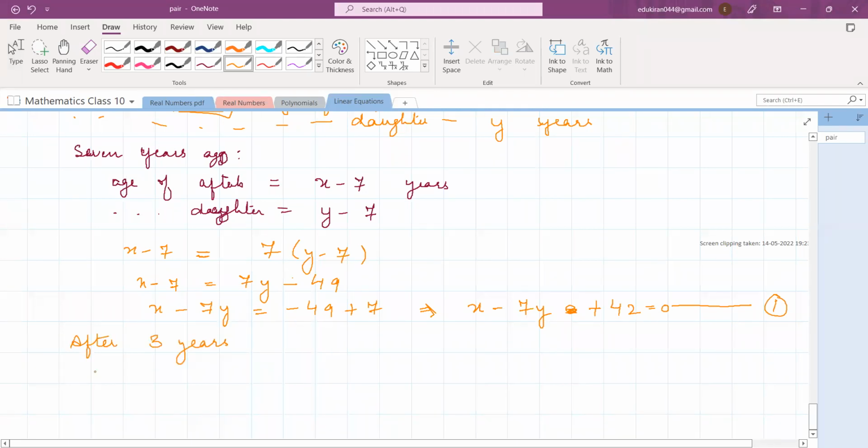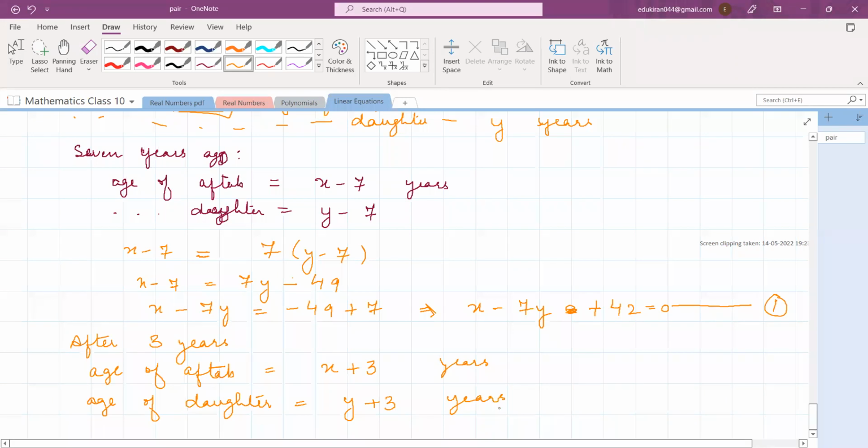After 3 years, what will be the age of Aftab? X plus 3. Yes, X plus 3. And age of daughter? Present age is Y and plus 3, right? So after 3 years, she will be Y plus 3 years.